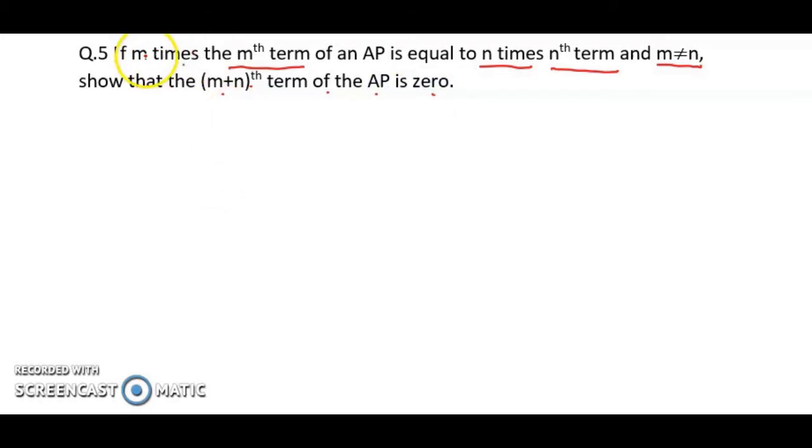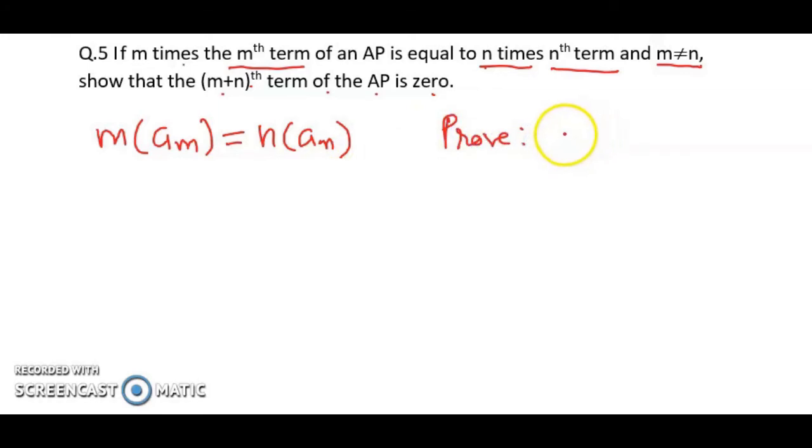Read the question again. M times the mth term is equal to n times the nth term. That is given, and we have to prove that the m plus nth term, that is a m plus n, is 0.